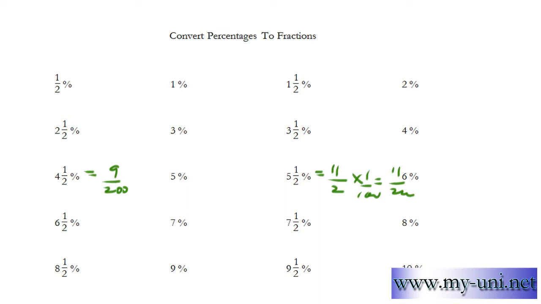So 11 over 200 is the fraction for 5.5%. 6.5%, 2 times 6 is 12, 12 plus 1 is 13, the denominator will remain the same, and then multiply this by 1 over 100. So 13 times 1 is 13, and then 2 times 100 is 200. So 6.5% can also be written as 13 over 200.